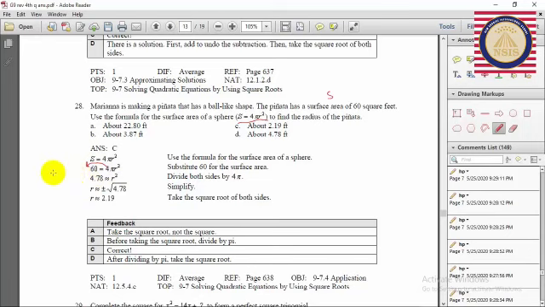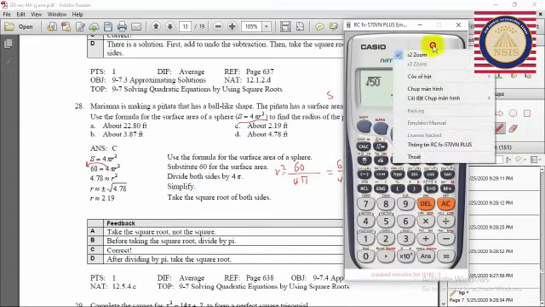So r power 2 equals 60 divide 4 pi. Do you remember what the pi equals? 3.14. Okay, so let's do it with the calculator here.